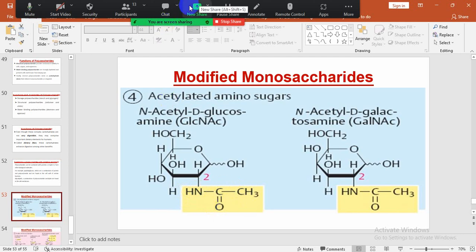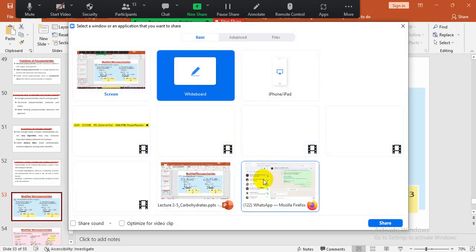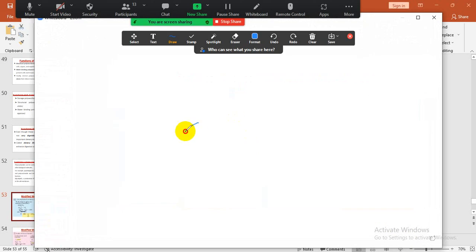Let me draw an acetyl group on the whiteboard. CH3 C, this is an acetyl group.